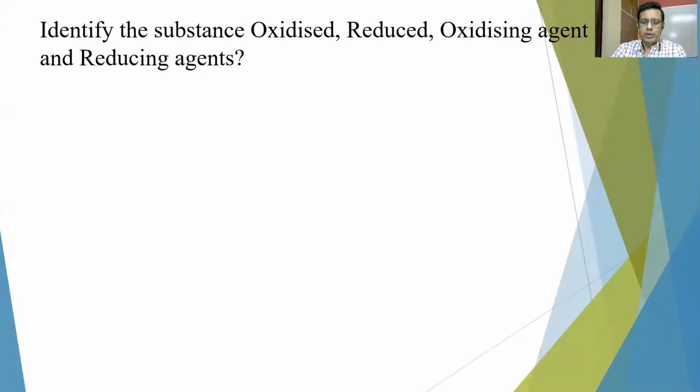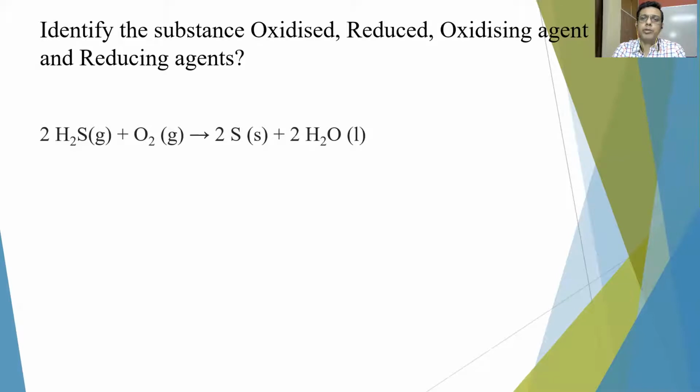Now, in exams, what is given in the question is they will give some reactions and they say identify the substance which is oxidized, the substance which is reduced, the oxidizing agent and the reducing agent in this particular reaction.